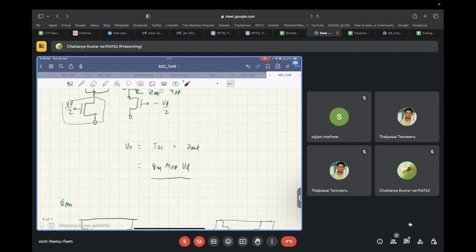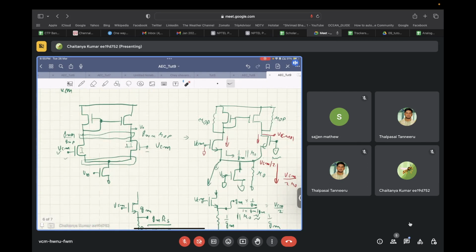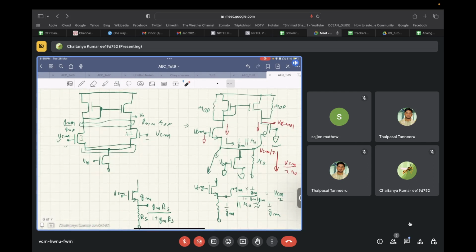For the common mode part of the circuit, since you can't fold the complete circuit, you can apply superposition once again. You give the common mode to one half of the circuit, you give the common mode to the other half of the circuit. In both cases, find out the output voltage or current, whatever you need, and then add the two.